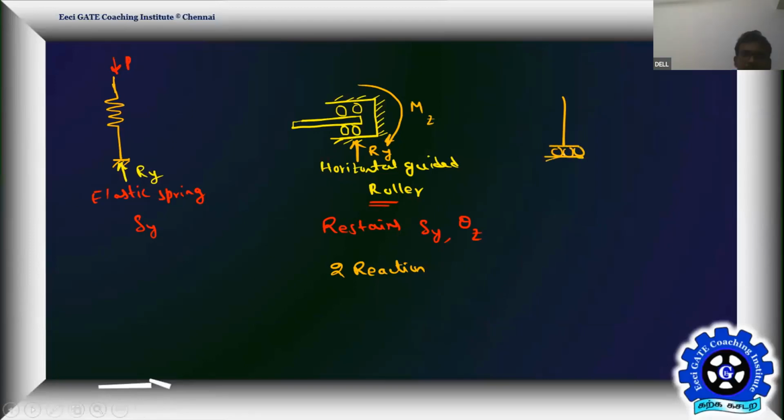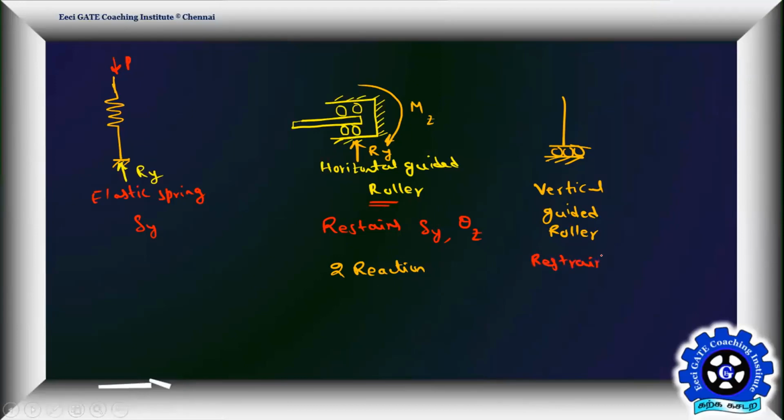Now tell me about this, what we call a vertical guided roller. How many directions does it restrain? Can you please tell me? It resists displacement in X or Y. Why, sir?